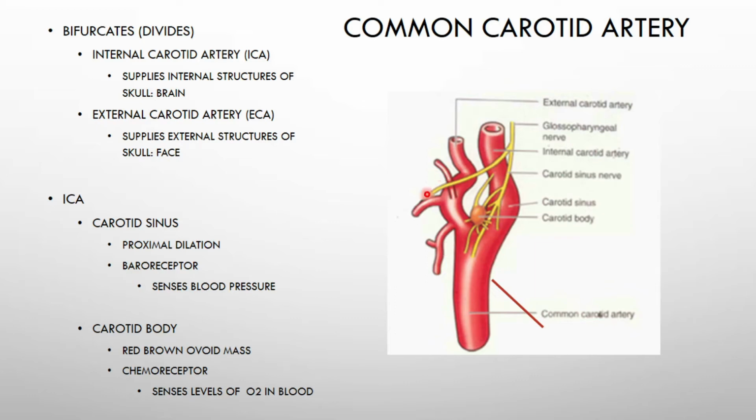So it's like a little sensor. But again, you would talk about that in more detail in physiology. It's just they are anatomical structures in that you can see the bulge of the carotid sinus, and you can locate the carotid body.